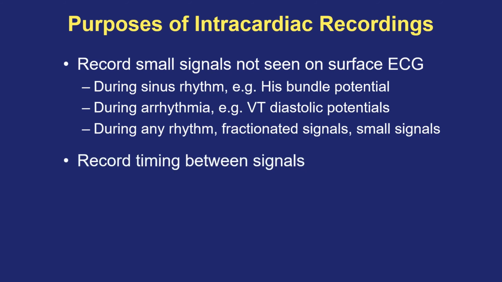It's important sometimes for us to record the timing between signals. For example, when we look at the surface PR interval, that doesn't tell us how much of that interval is made up of electrical signals traveling through the AV node and how much is traveling through the His-Purkinje system. But when you can record an intracardiac His bundle potential, you can now split up that PR interval into two components.